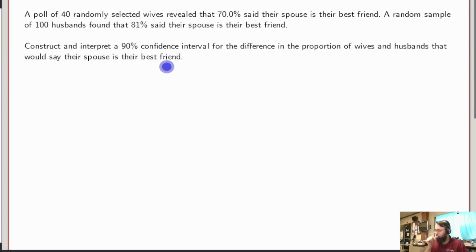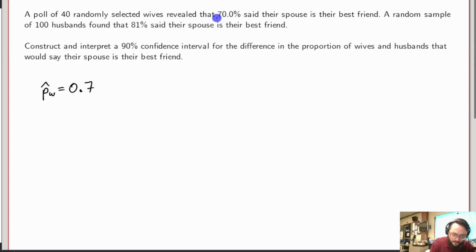Okay, so here's more or less what we do. First thing we want is to identify our sample proportions. So p-hat W, that's the wives, so that's 0.7.